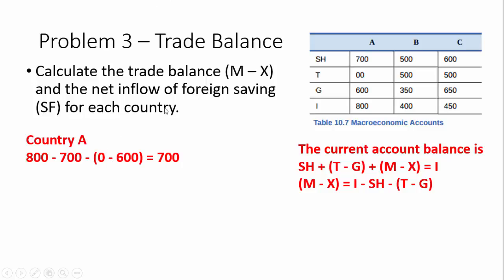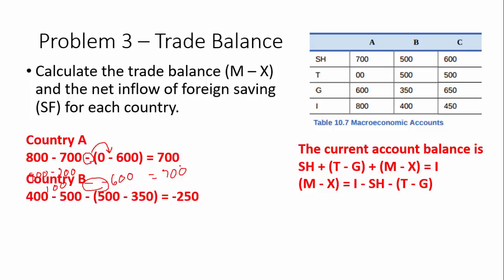One thing to remember is that when we subtract a negative, that's going to be adding. So 800 minus 700 is 100, and then subtracting a negative 600 is like adding it, so 100 plus 600 equals 700. So what does this mean? We'll talk about it a little more in the next slide.